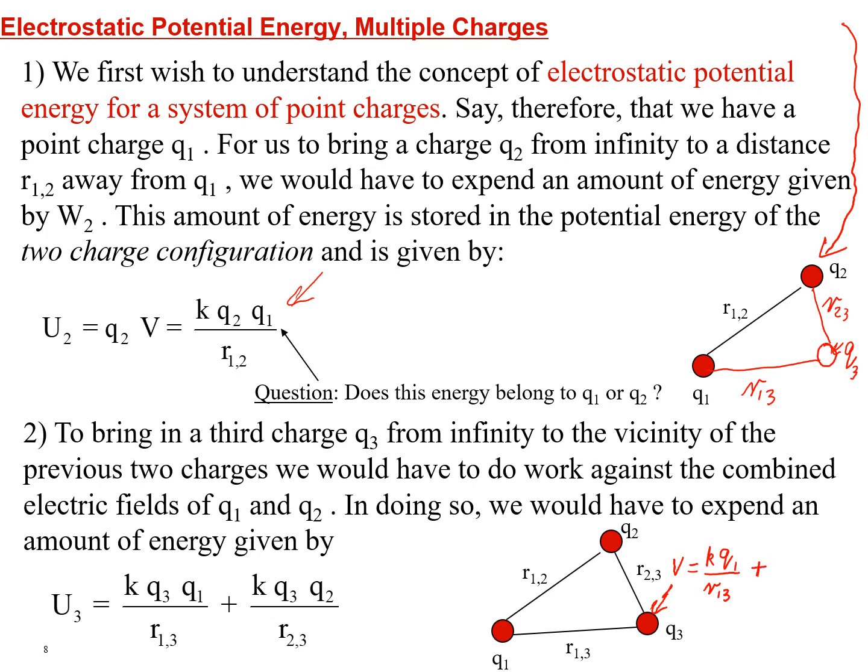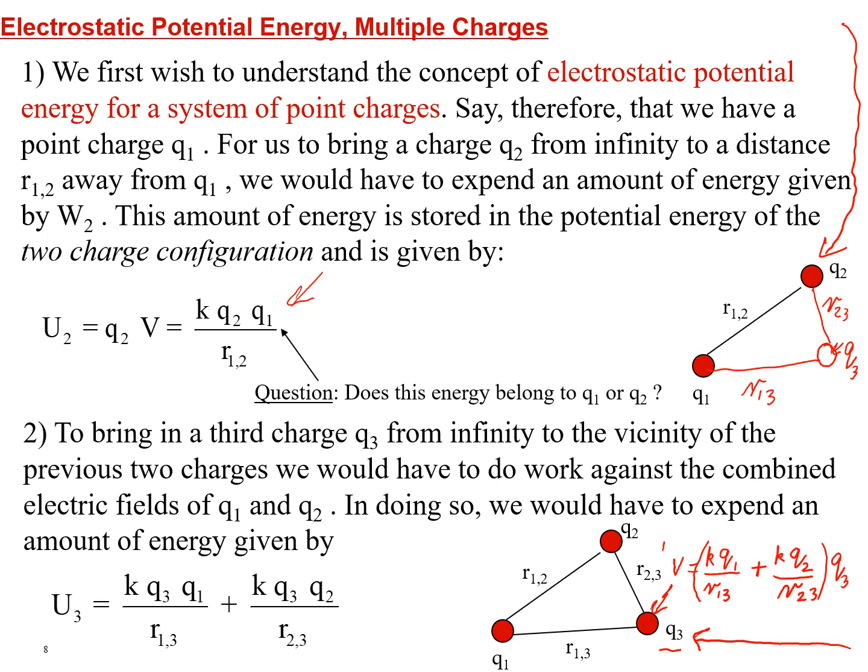Plus, because of the superposition principle, I have to add in the potential at this same location due to charge Q2, which is given by K times Q2 divided by the distance between position 3 and position 2, namely R23. And so we can essentially say that the total energy expended in bringing this charge Q3 from infinity to its current location is just given by multiplying this potential with the charge Q3.